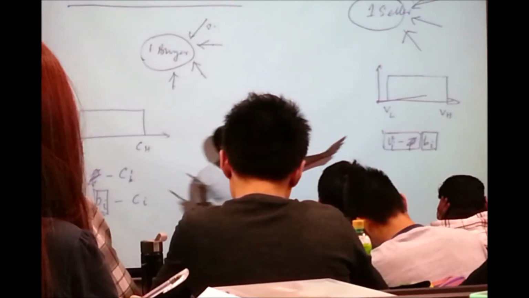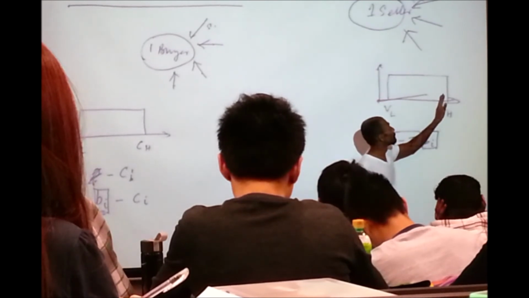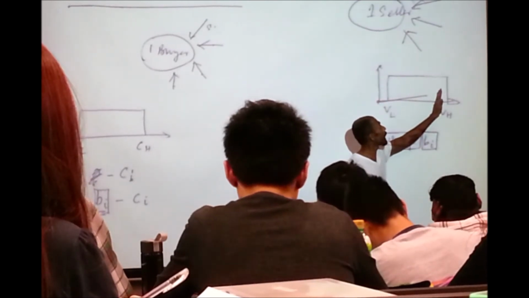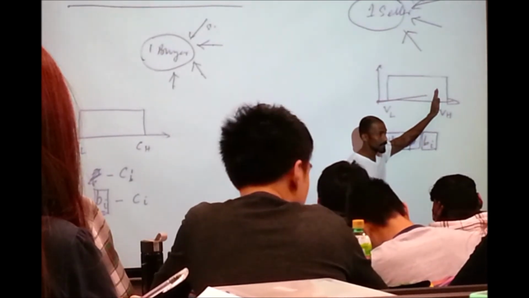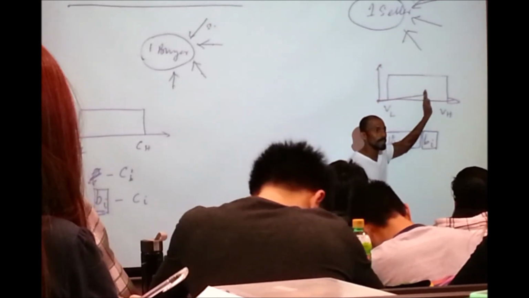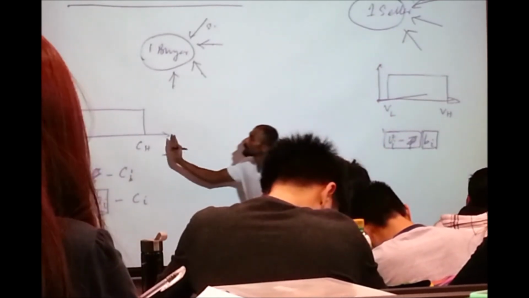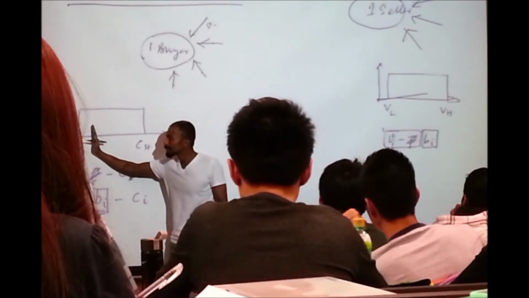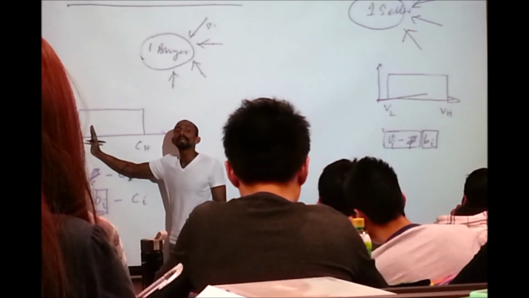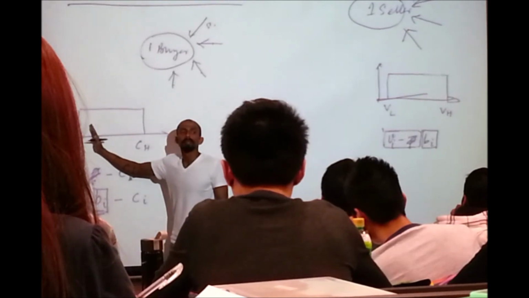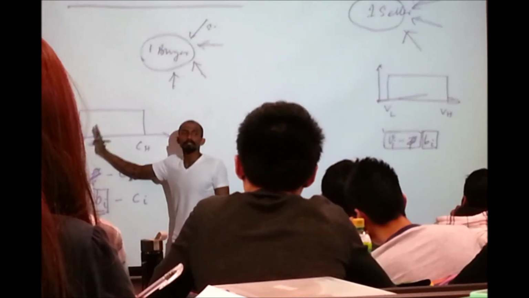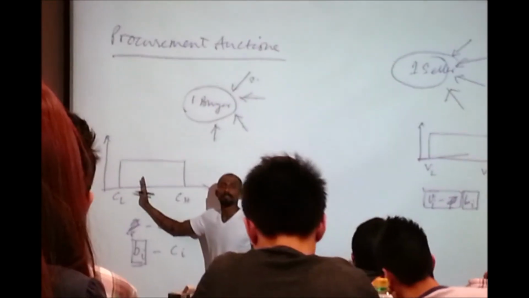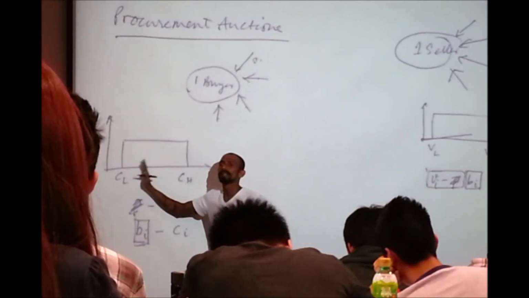In a sale auction, the seller chooses the buyer who bids the highest and then charges the next highest bid. Here, in a procurement auction, I will choose the seller who bids lowest and I will pay him the next lowest bid. It's just the reverse, a mirror image of a sale auction.